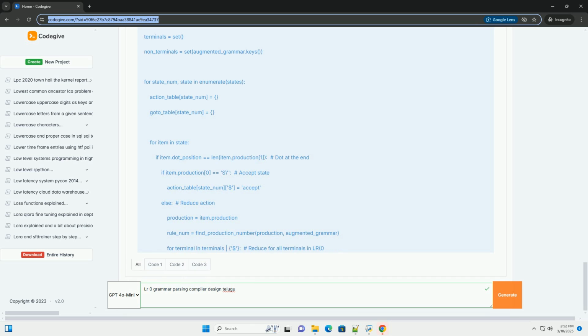Advance the input pointer. Reduce: pop symbols from the stack according to the right-hand side of the production rule. Push the non-terminal symbol and the new state, obtained from the goto table, onto the stack. Accept: parsing is complete. Error: syntax error.